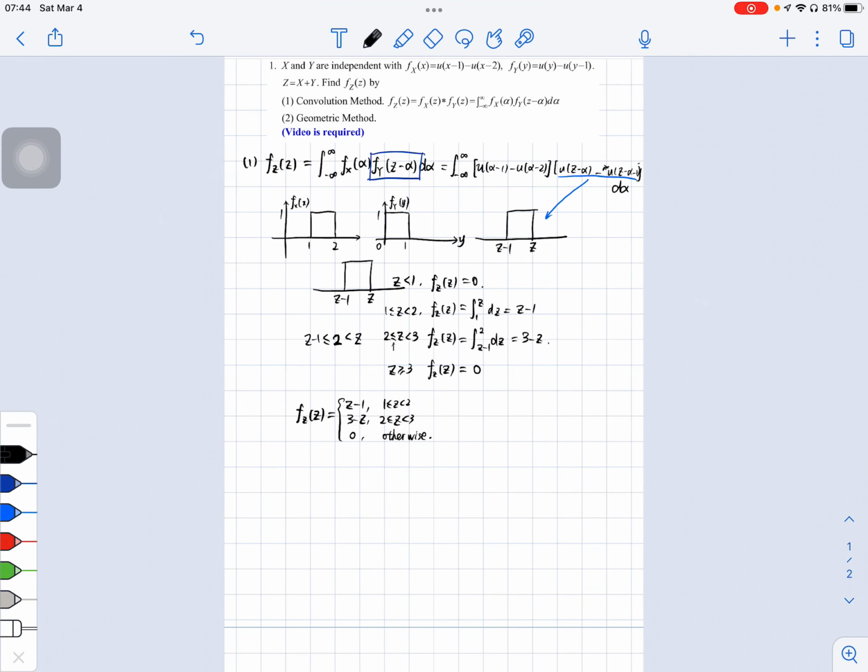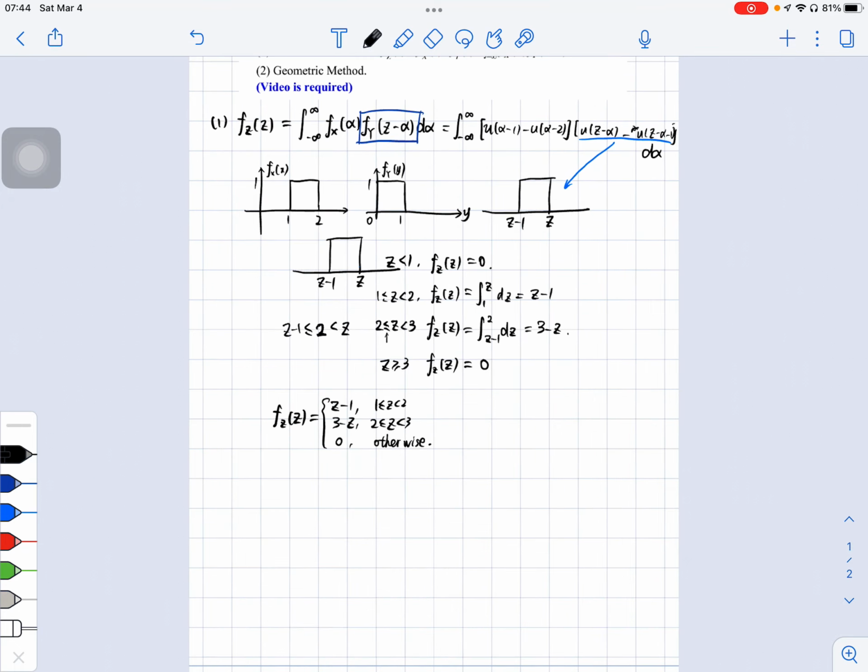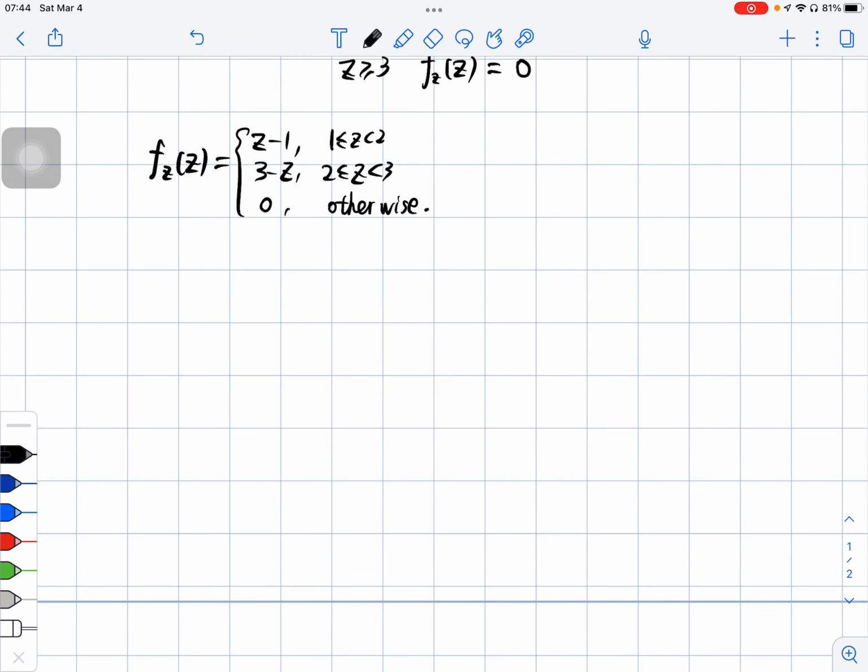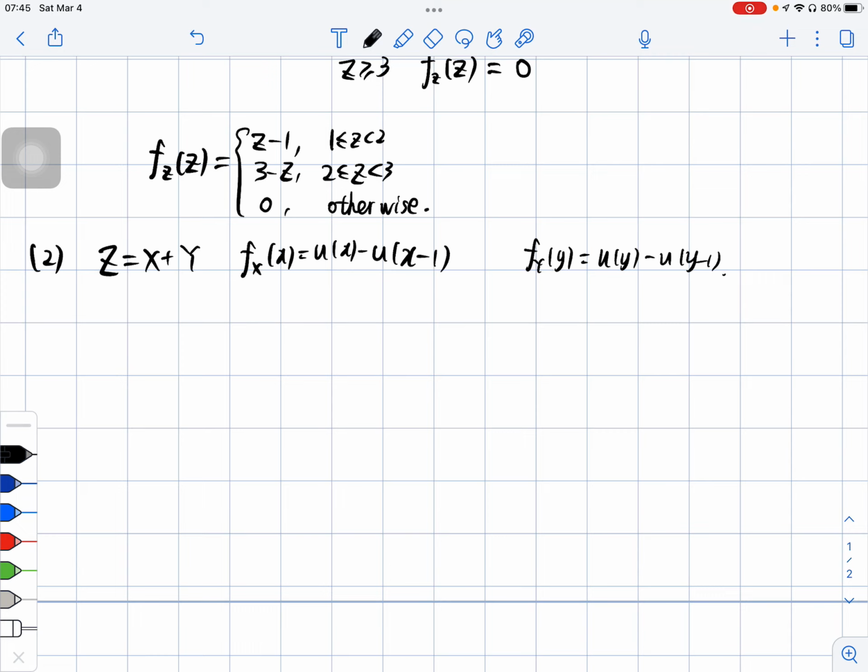Then we want to use the geometric method to calculate. We first consider fx is ux minus ux minus 1, and fy is uy minus uy minus 1.